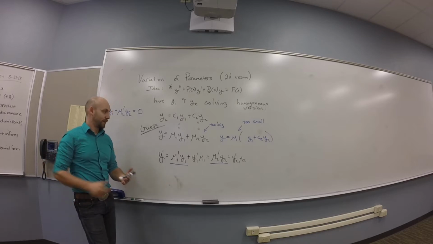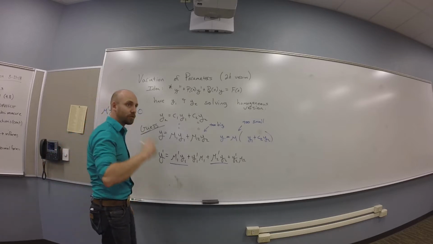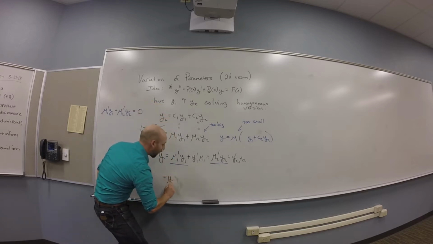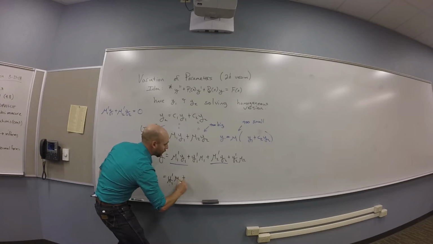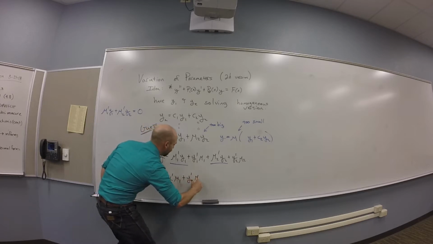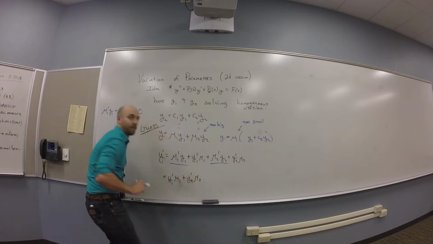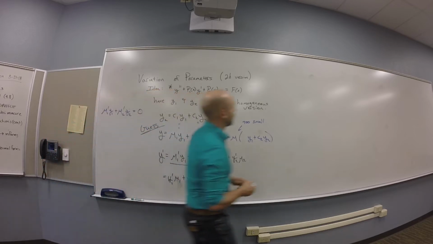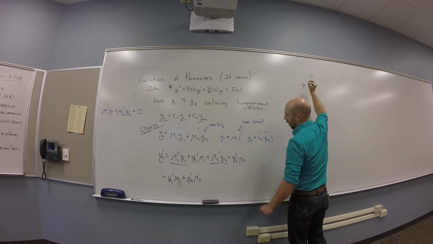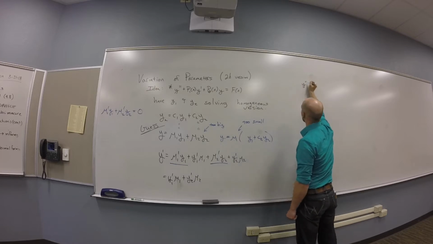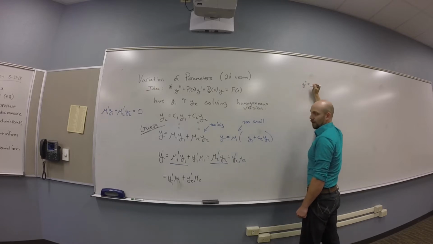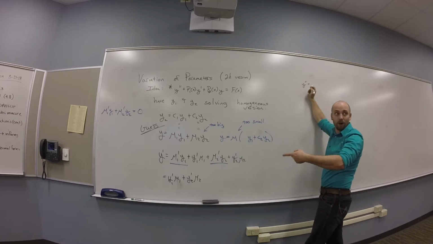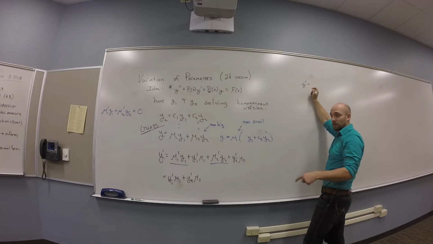Okay. So if you assume those are 0, then your y prime is just y1 prime mu1 plus y2 prime mu2, right? Okay. So then I need y double prime, right? And my y double prime is going to be, and now this time I'm going to have to do a product rule, and I'm not going to get to make an assumption.